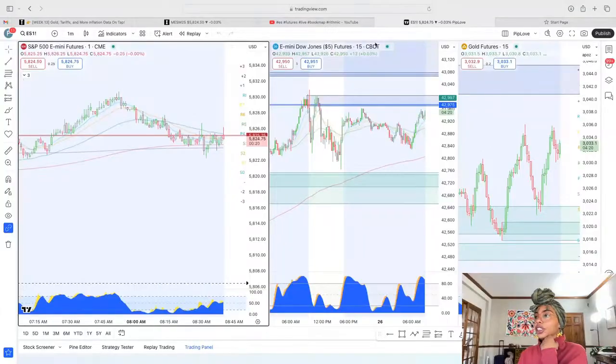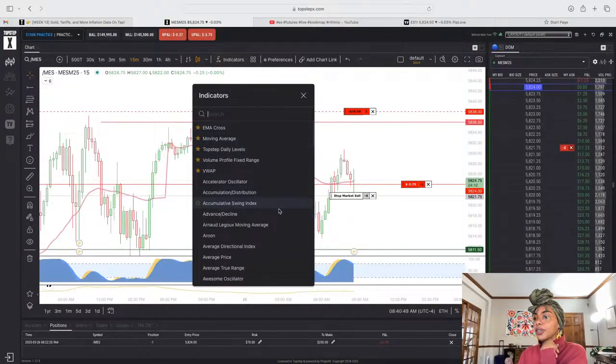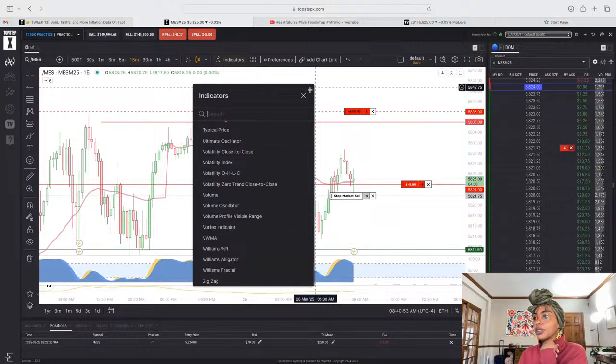So for our TradingView, as you can see, with Topstep, they have live market data. They have indicators. They have a bunch of different features and things that you can use on their actual charts. They even go down to the 30-second time frame. They have a couple different indicators here as well that you can use.